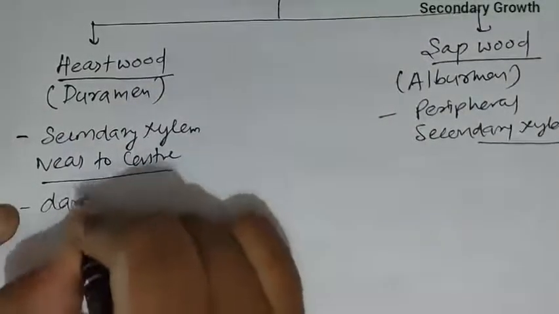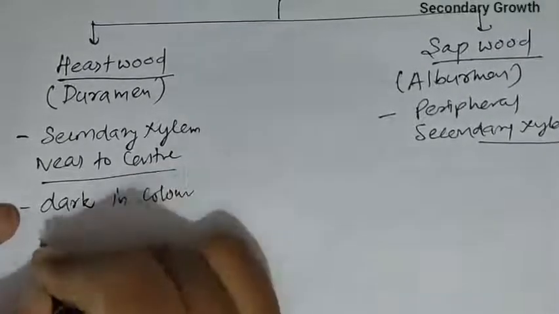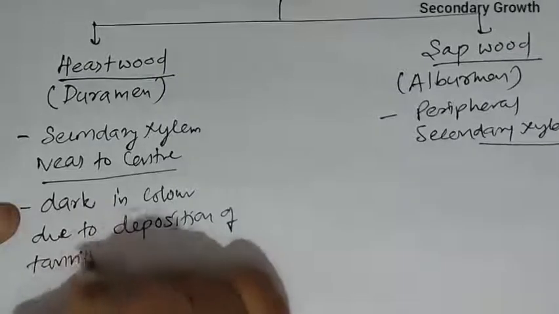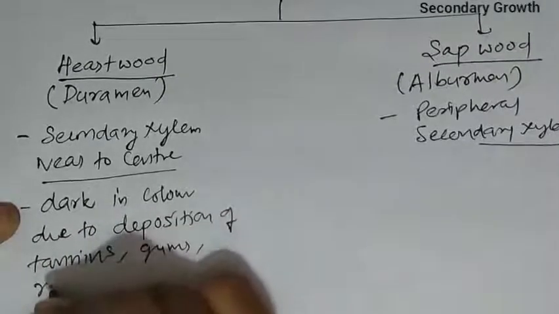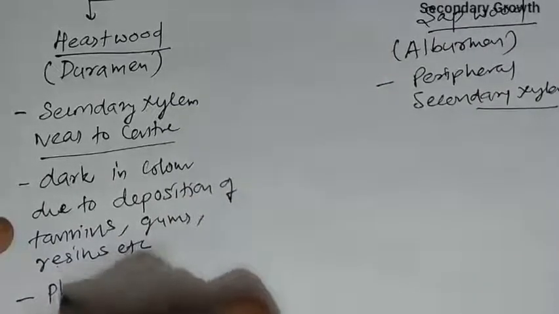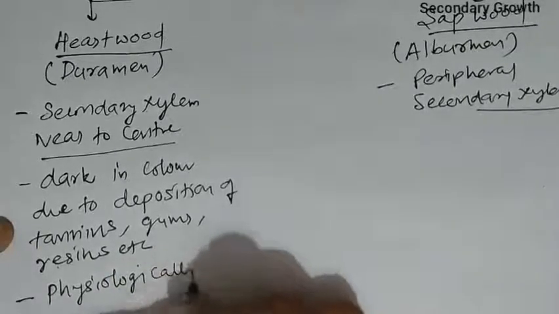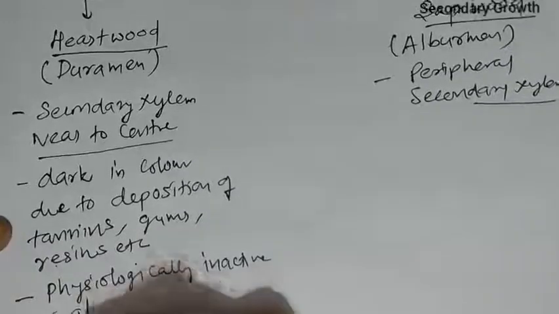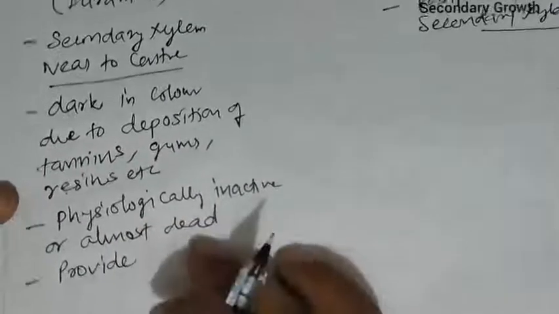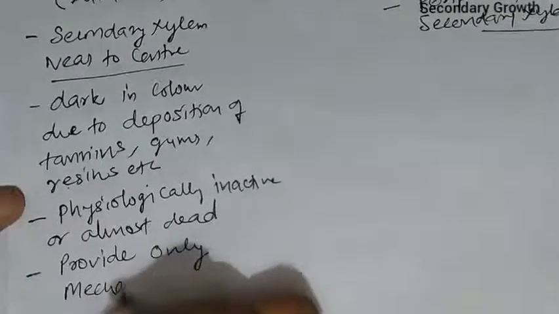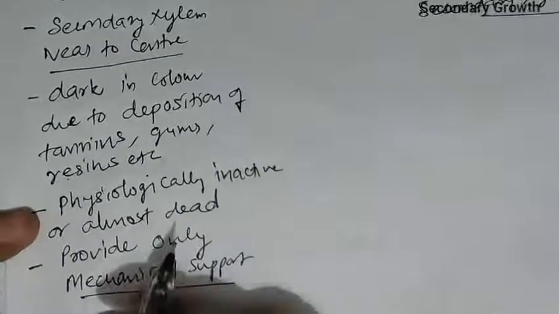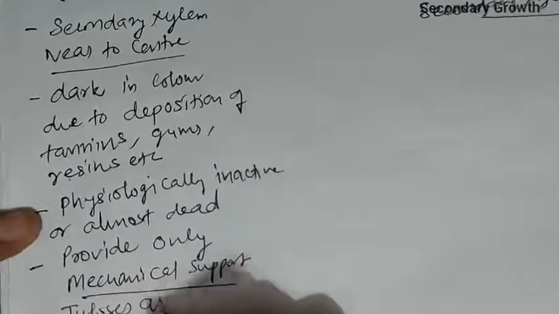When we talk about heartwood, it is dark in color due to deposition of tannins, gums, resins, etc. They all are being filled, and due to this it becomes physiologically inactive or almost dead, so it provides only mechanical support, and in this heartwood tyloses are present.